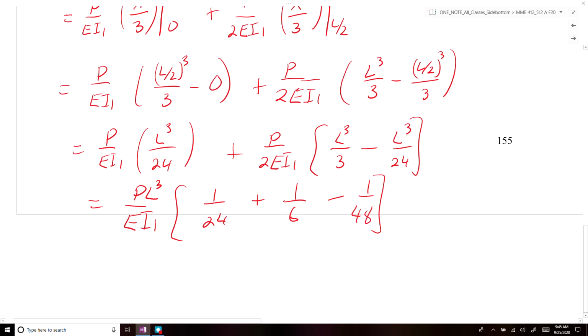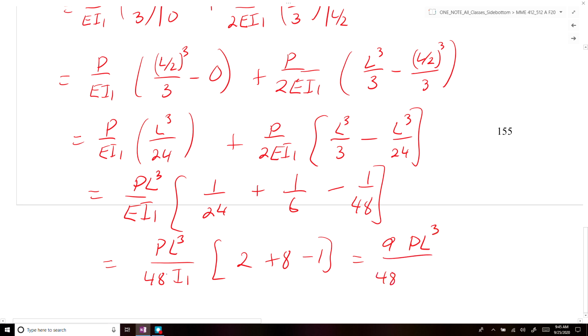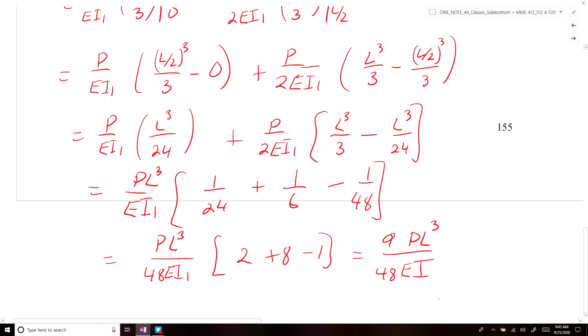Alright, 48 is our common denominator, so we can put everything over 48. And then all our other terms here are just going to be equal to 2 plus 8 minus 1, which is just a positive 9. So we'll get 9 PL cubed over 48. Sorry, I left out the Young's modulus term here, EI1. Okay, and that's our displacement at the end of our beam, delta A.